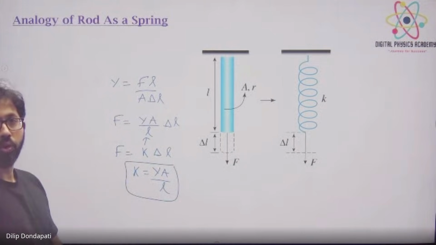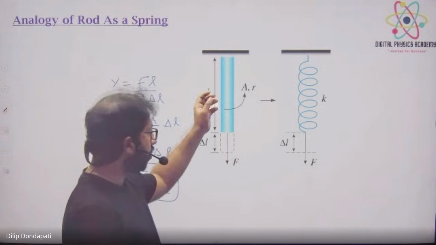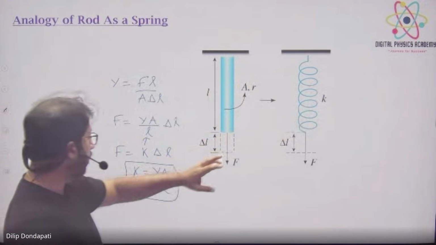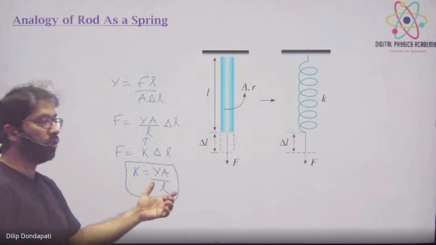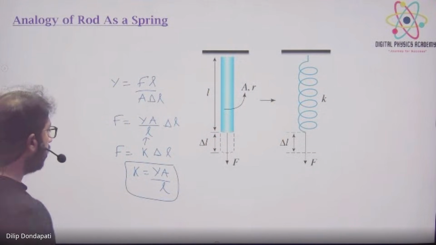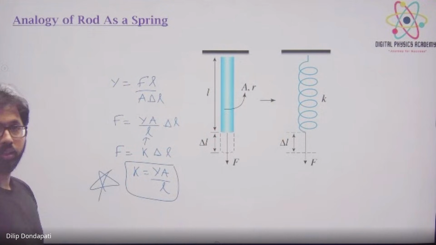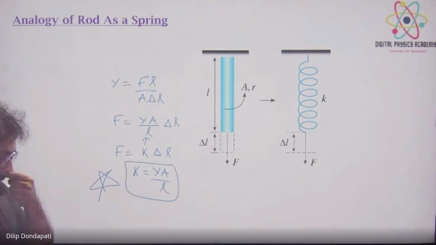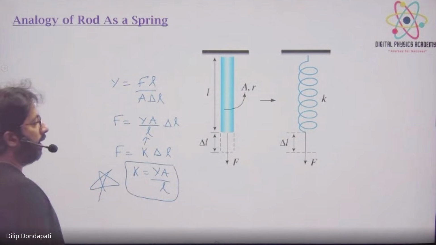मतलब suppose you want to convert the rod to the spring. The term spring constant K value का क्या use करेंगे? Y A by L use किया तो you can convert as a spring easily. Okay, Y A by L. They taught how this one? Prisha, school में spring का conversion they taught how? Chapter done right? Sir, I don't remember. Very important. Y A by L use correct.